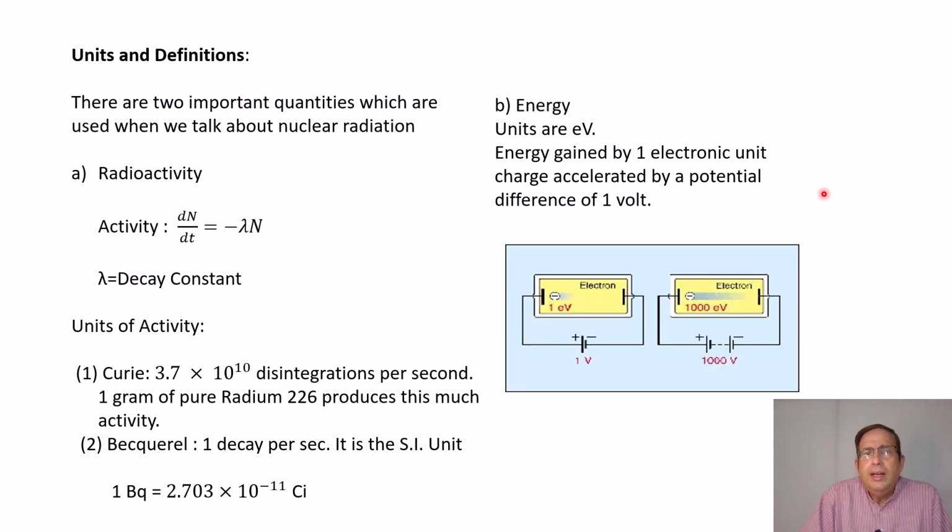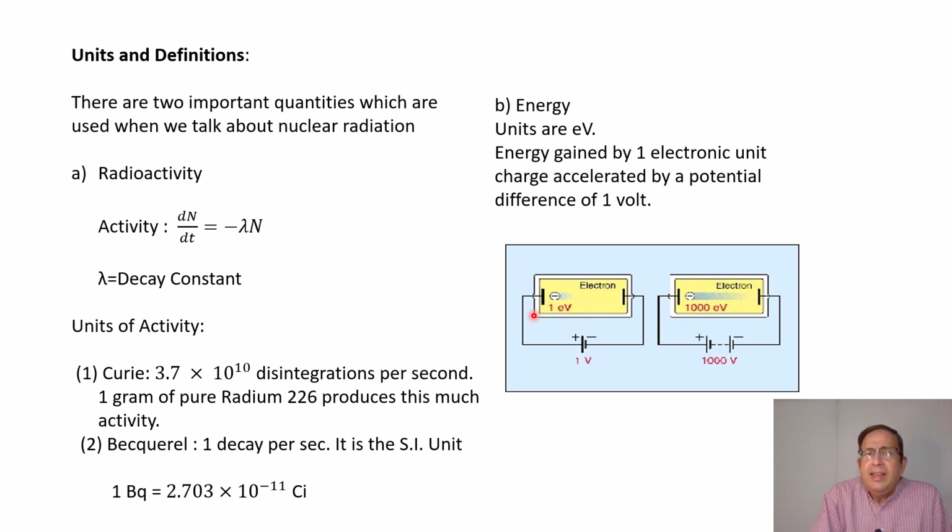So you can see here, in this diagram, 1 volt of potential difference is produced between the 2 electrodes, and an electron is allowed to travel from one electrode to the other electrode. So a potential difference of 1 volt is covered between the two ends by the electron.